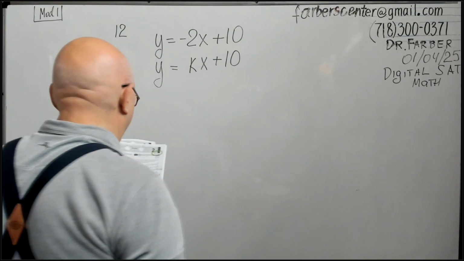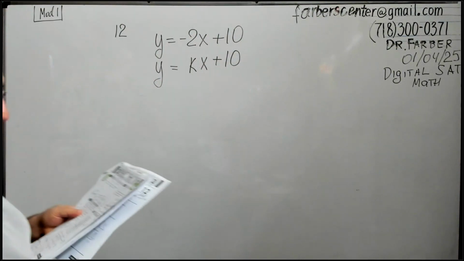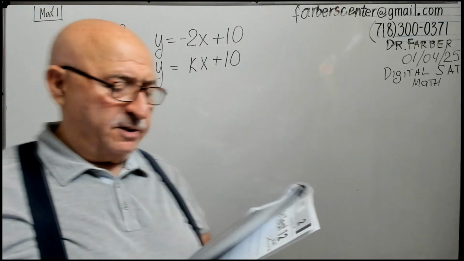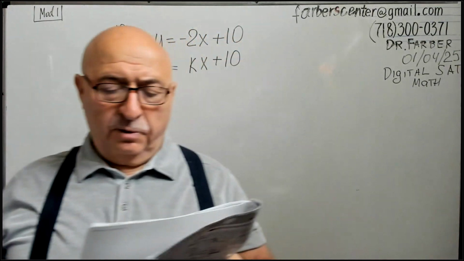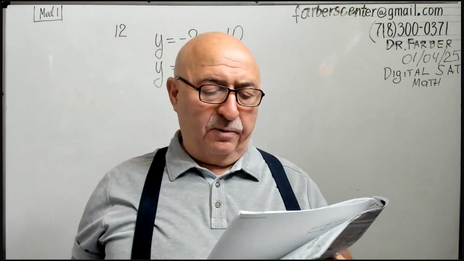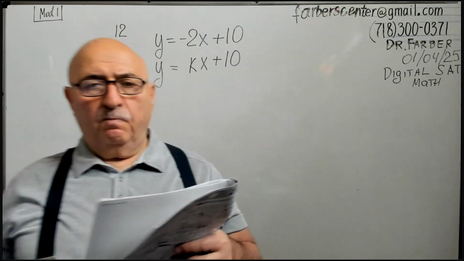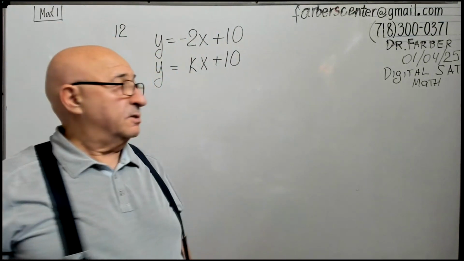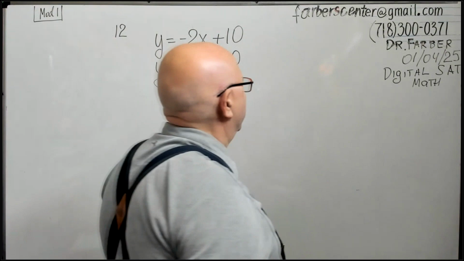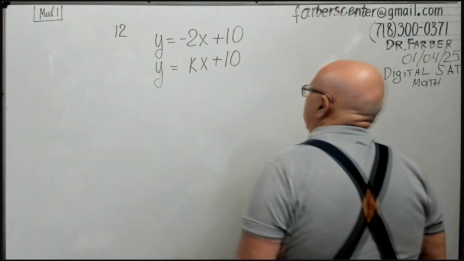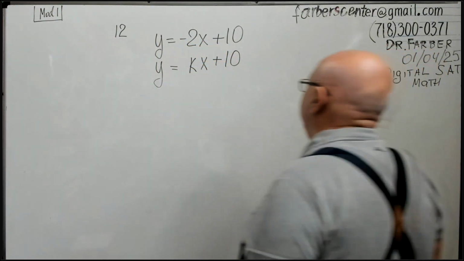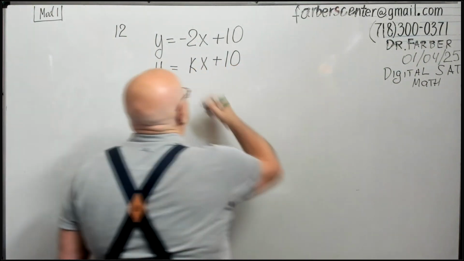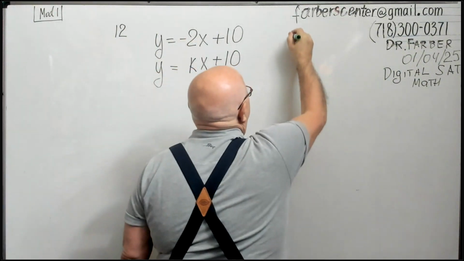If k is a constant and the system has exactly one solution, what could be the value of k? It's also a 10-second question. Let me remind you of a little introduction. After that, you solve it in 2 seconds. Generally speaking, in linear equations we have 3 situations.